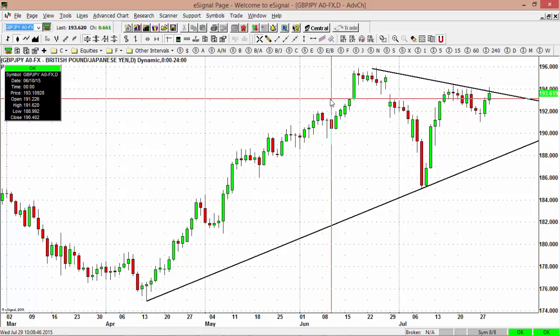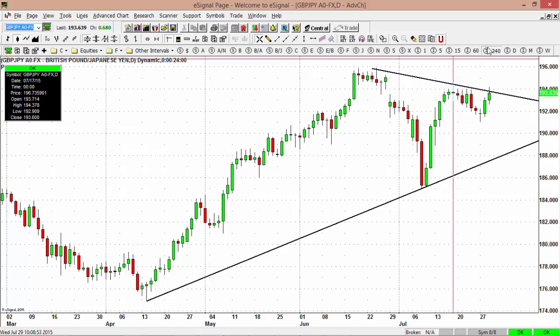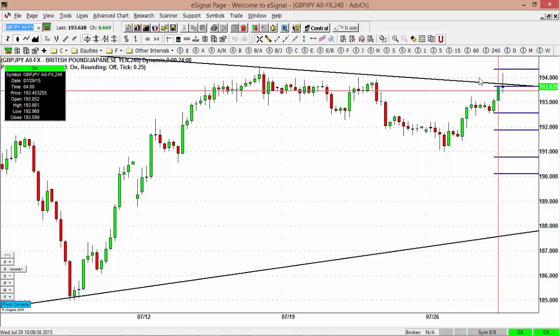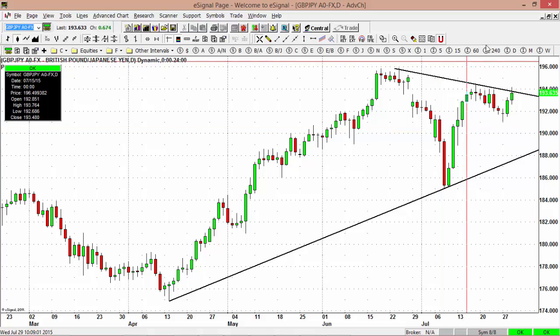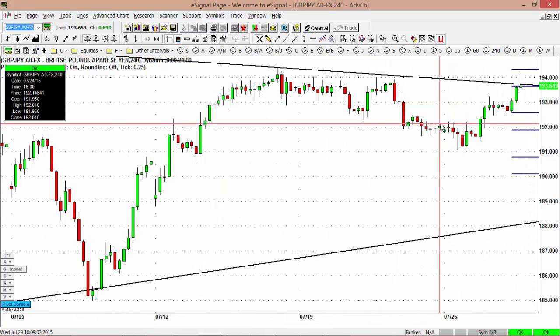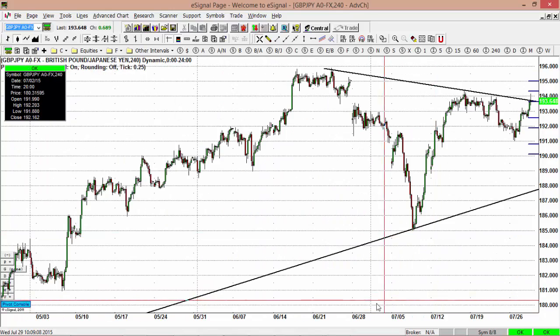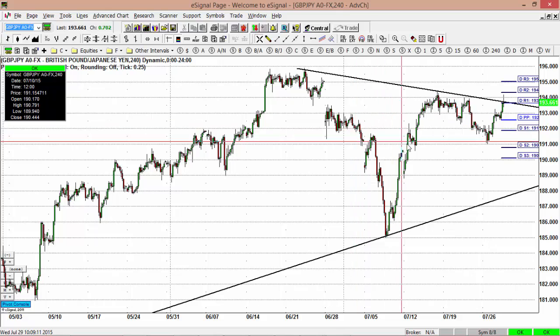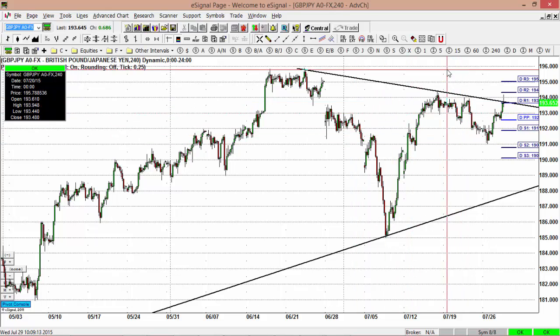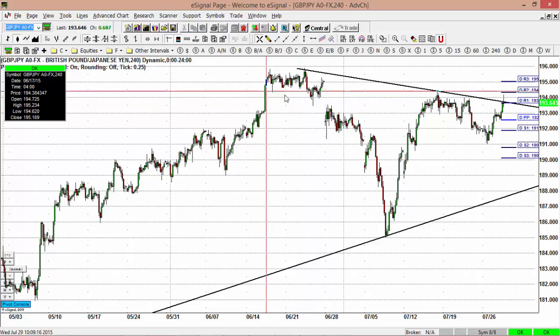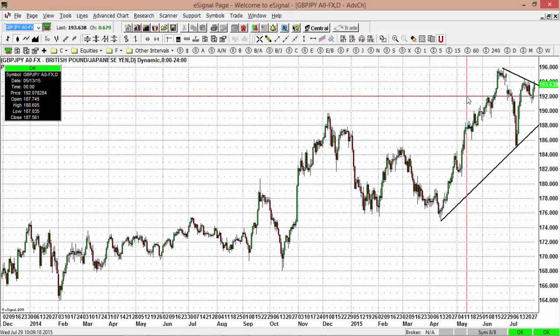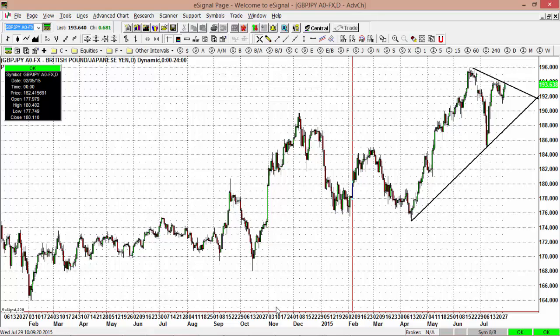As you can see, the trend line is coming down, and the market is trading at the trend line at this point in time. So we are going to wait and see if the market will back off of this trend line or punch through it. Right now, the market is backing off slightly, but the candles are not completed as of yet. Oftentimes, when a market hits a resistance level, we do get some sort of reaction, which could be temporary. Okay, so that is what we're looking out for in the Forex markets this morning.